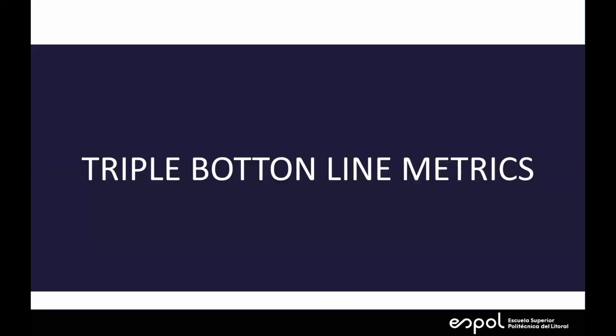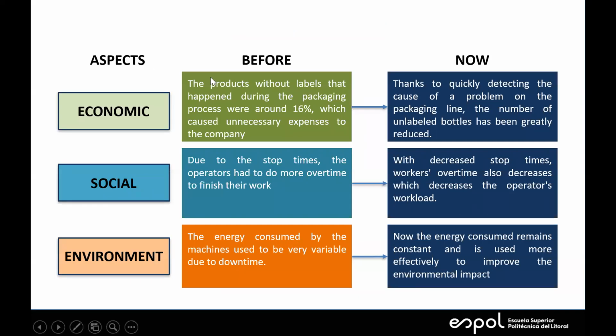Well, the triple bottom line metrics cover the aspects of economic, social, and environment. Economic: before, the products without labels that happened during the packing process were around 60%, which caused unnecessary expenses to the company. Now, thanks to quickly detecting the cause of a problem on the packing line, the number of unlabeled bottles has been greatly reduced.